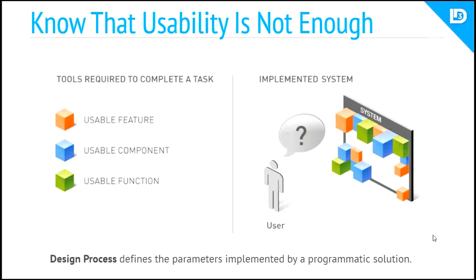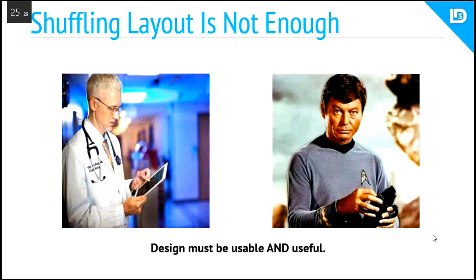It determines what needs to be displayed, what things are more important than other things, how do interaction models need to change as I move from my office to my train, to my couch, to the ER, right? And that shuffling layout alone is not enough.